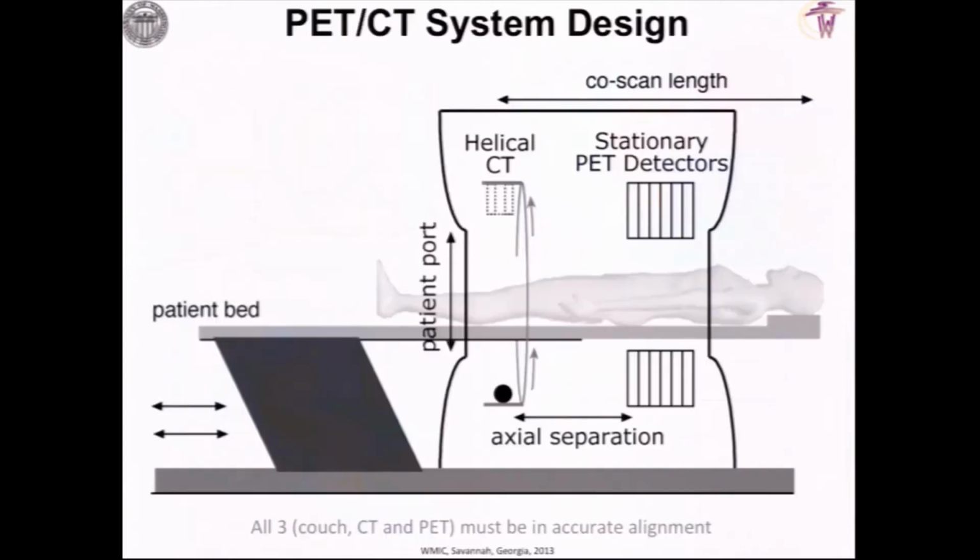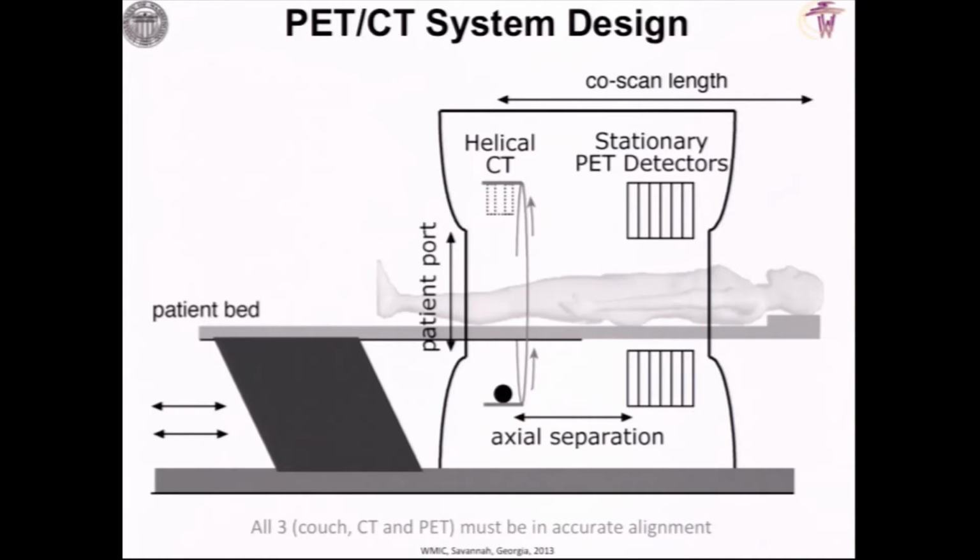Okay. So what is the design of a PET-CT system? In reality, it's basically a CT system and a PET system that have been put together in the same gantry, and one of the manufacturers still has them in separate gantries that just share a patient table. In the beginning, the computer systems were totally separate.